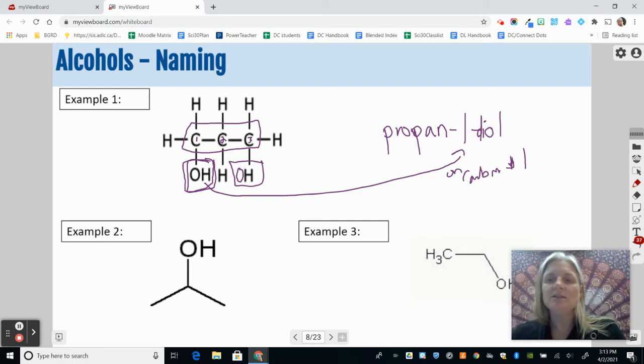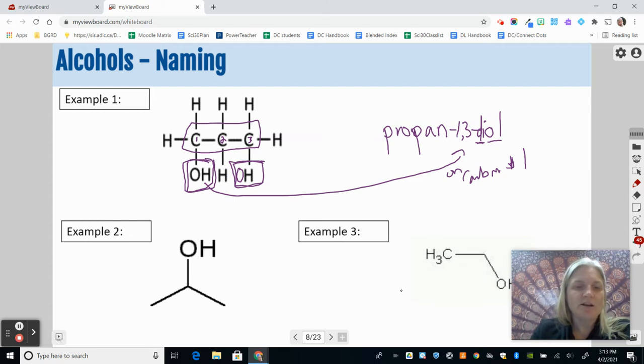So I'm adding that in, 2 alcohol groups. And then remember, we have to tell everybody where these 2 alcohol groups are. One of the alcohol groups is still on carbon 1, and the other alcohol group is on carbon 3. So 1,3-di tells you that there are 2 hydroxyl groups, and then OL is the group that we're talking about.